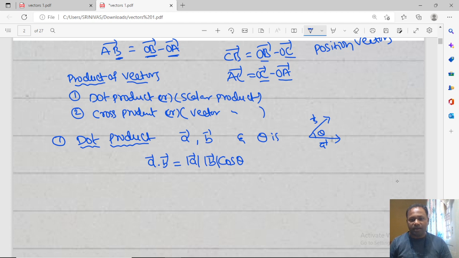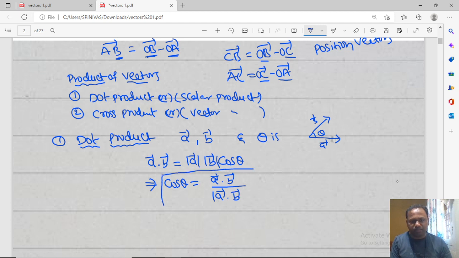From this we can write cos theta equals A bar dot B bar divided by mod A bar into mod B bar.